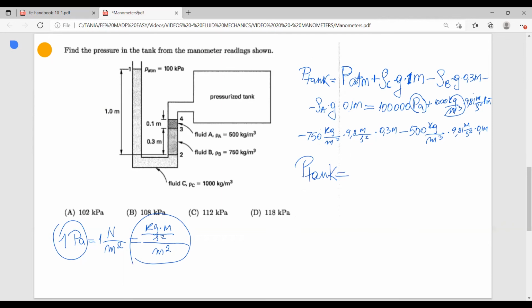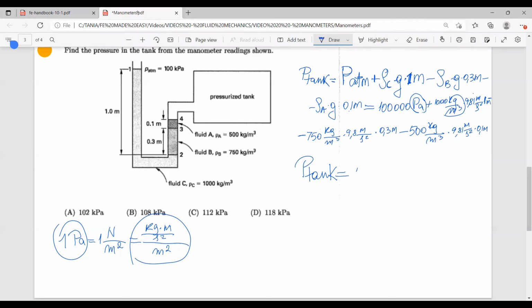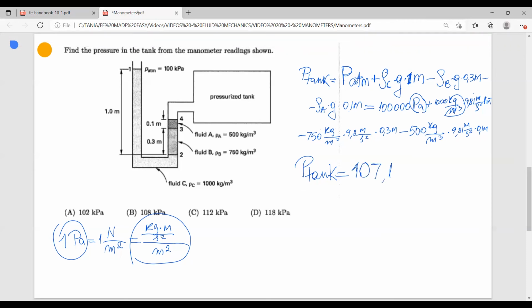We have 100,000 pascals, plus 1,000 times 9.81 times 1 meter, add 750 times 9.81 times 0.3, subtract this, and then 500 times 9.81 times 0.1, subtract. The pressure in the tank, I'm getting it as 107.1 kilopascals. And the closest answer is B.